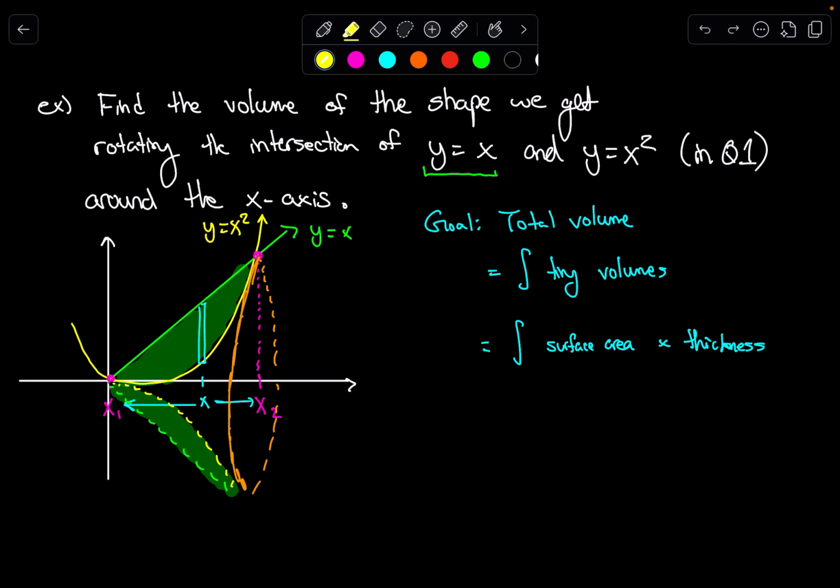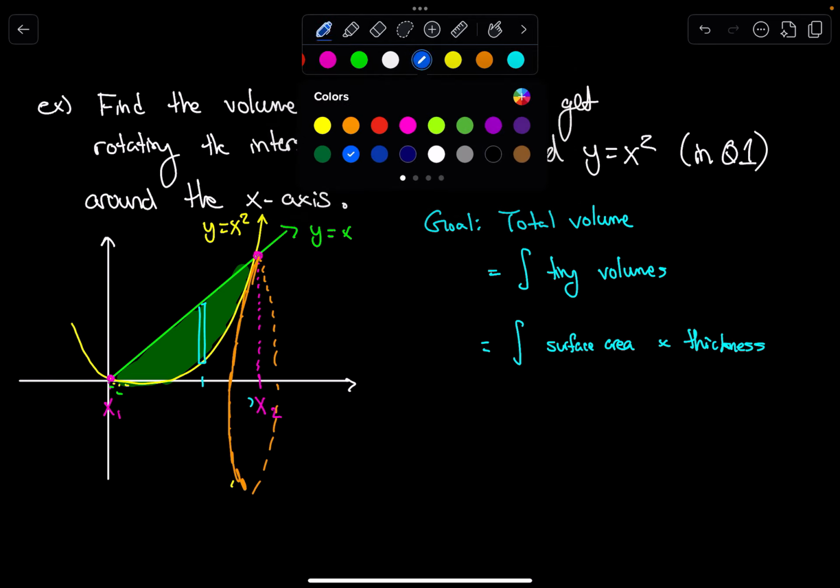Okay, and so now, we're doing surface area, but we need to be a little bit more careful about what kind of shape we're going to get when we rotate this around the x-axis. And just for the sake of not confusing you too much, I'm going to erase this lower part here just to make space for my drawing. When I said sketching is one of the most important things, it really is, because you want to be super careful as you sketch this shape.